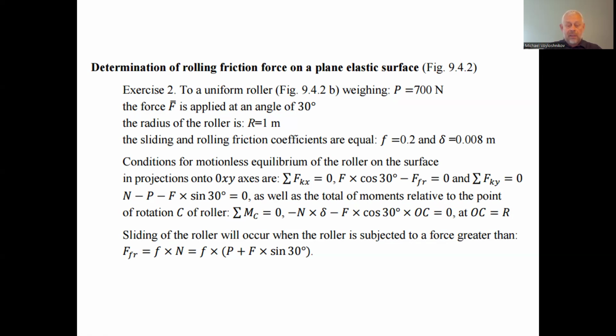In the projections on the axes of the flat coordinate system Oxy, the total of the forces is equal to 0. Then for the total forces on the abscissa axis we have F and the friction force.